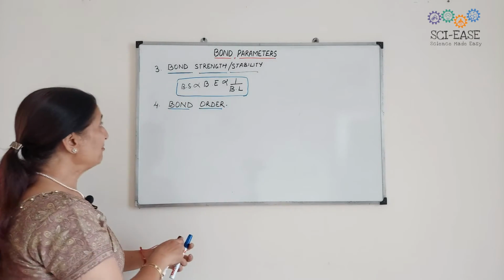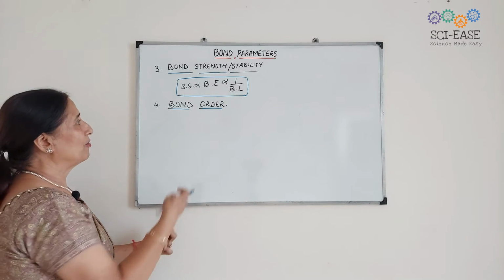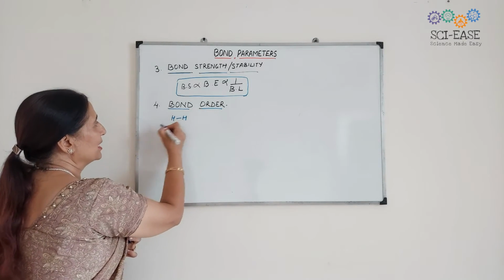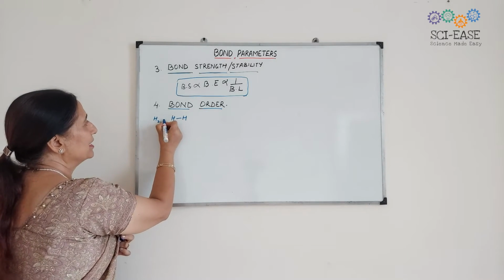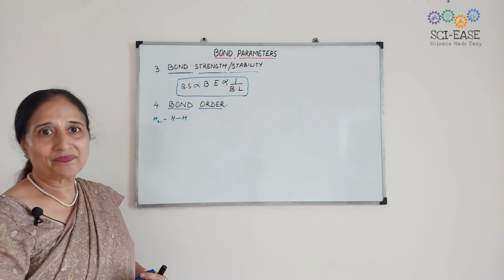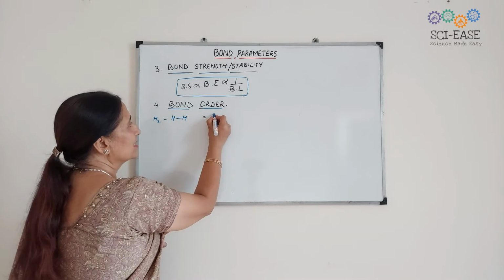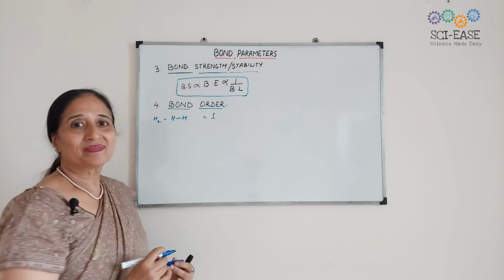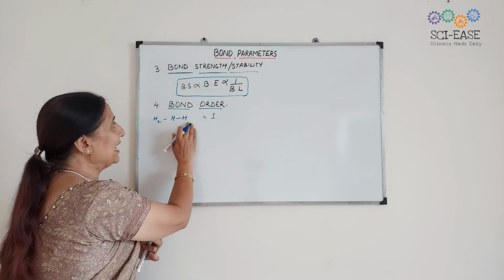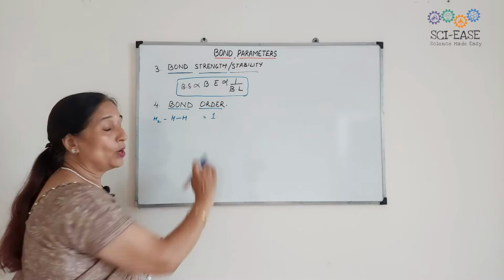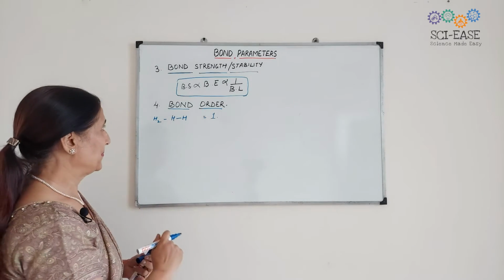So, when we take the case of H2 molecule, where there is an H-H bond, a single bond, the bond order is 1. The number of bonds will tell us the bond order of that molecule.